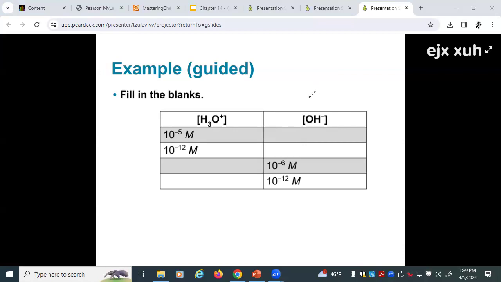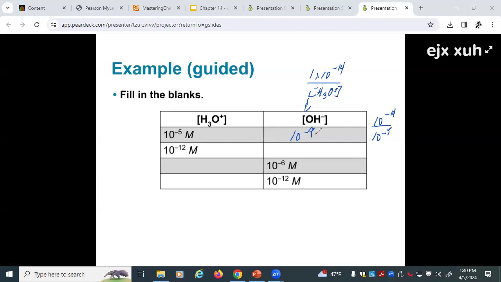So to find the hydroxide, I need to take 1 times 10 to the negative 14 and divide it by hydronium. Ten to the negative 14 divided by 10 to the negative 5th. If I put that in my calculator, it's going to give me 10 to the negative 9th.